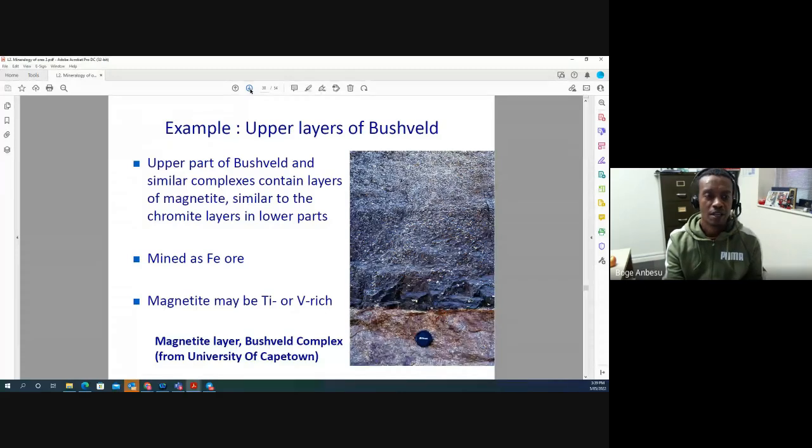It's common to find very thick layers of chromite or very thick layers of magnetite in those deposits. If you look at Bushveld in South Africa, they mine both the iron ore and the chromite ore. And the iron ore, typically magnetite, is very rich in titanium and vanadium as well.